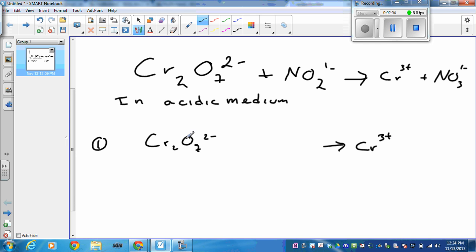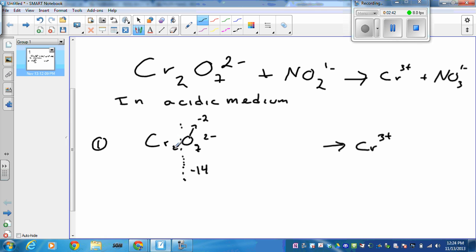Over here, we have to analyze what's going on to the dichromate ion. The safest way to do that is to actually break this up into two pieces. We are told that generally oxygen has a -2 charge on each one of the oxides. So we're going to call that a -2. We notice that there are 7 of these, so there's a -14 charge contributed by the oxygens. On the other side, we have 2 chromiums.